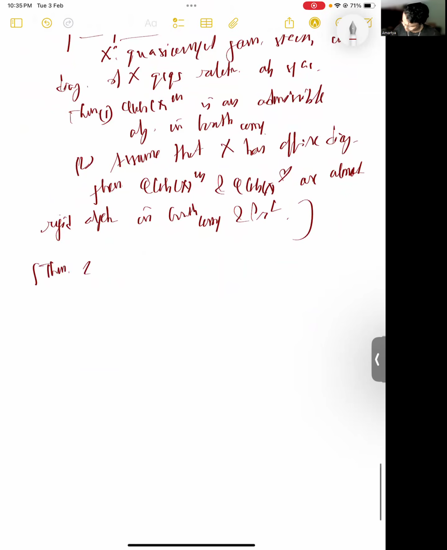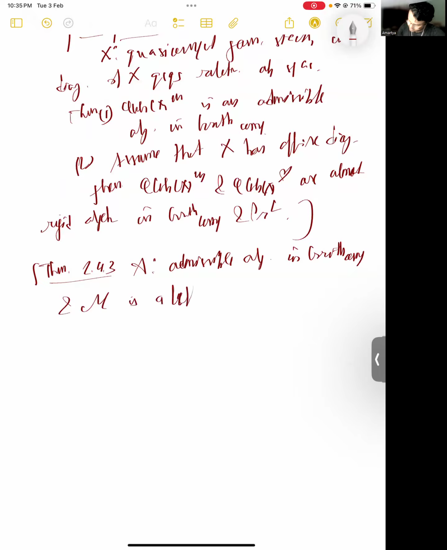So that is theorem 2.4.3. All these references, by the way, are from Stefanich's paper. So mathcal A is an admissible algebra in GraphCom, and mathcal M is a left mathcal A module in GraphCom.